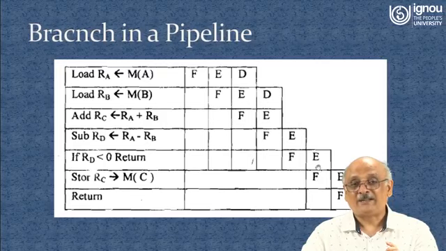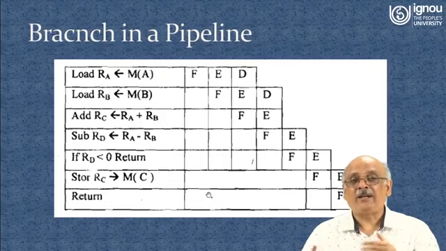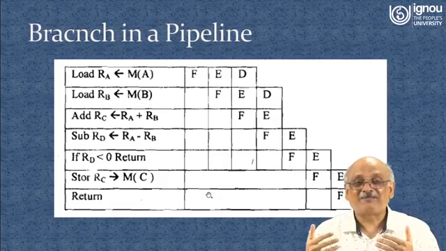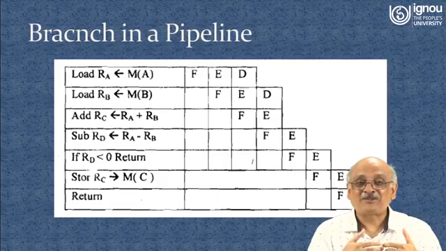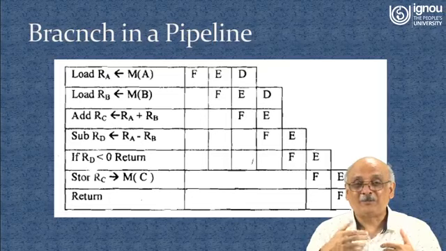Suppose the branch is not to be taken and return has to take place at this particular point of time, then this pipeline is to be emptied, and emptying a pipeline will require extra cycles and extra circuitry, and extra circuitry makes a simpler RISC processor much more complex.